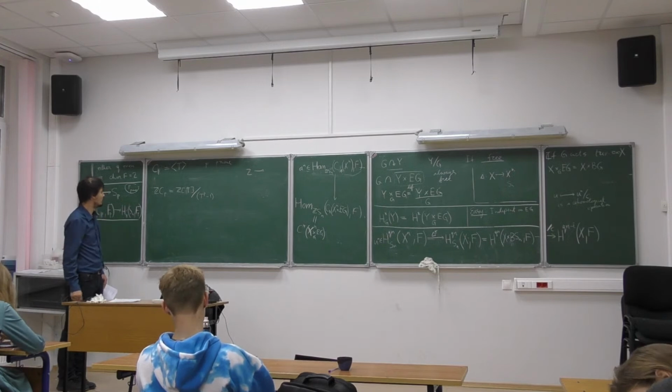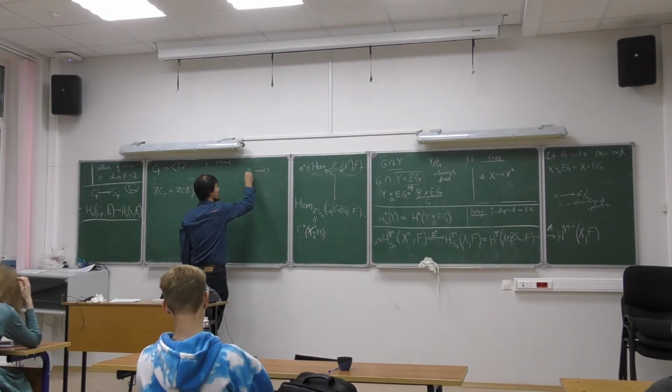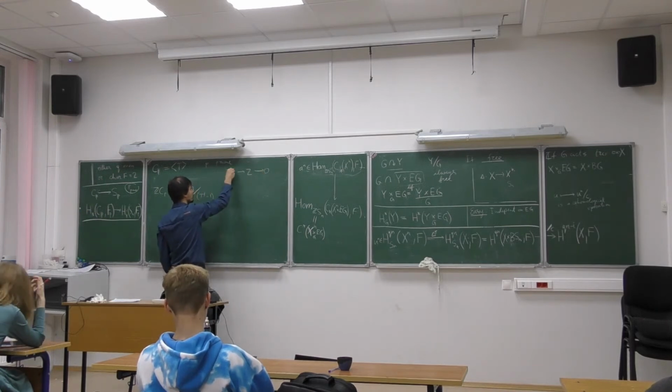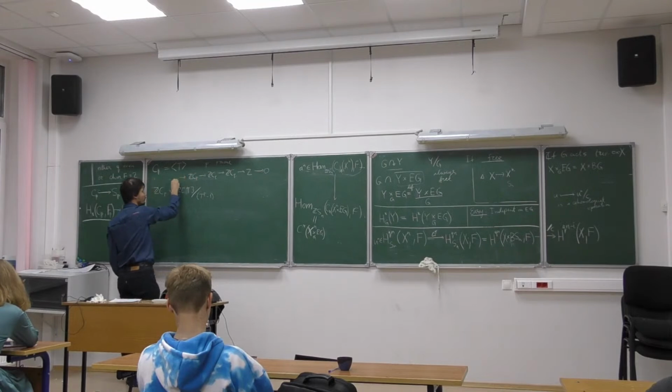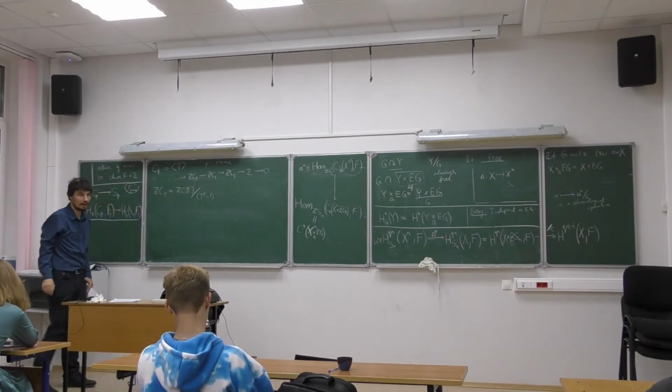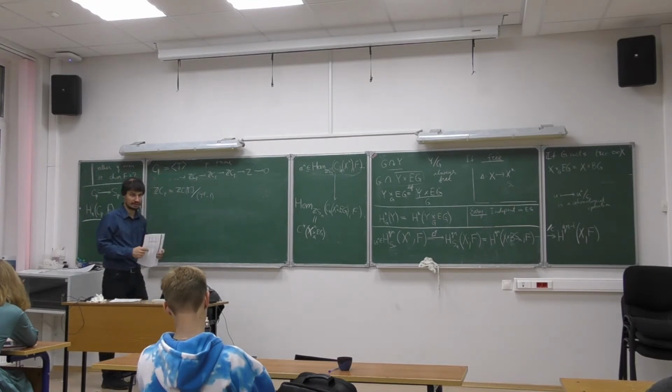So we have the following free resolution for Z over Z[Cp]. We have just one generator in every dimension.